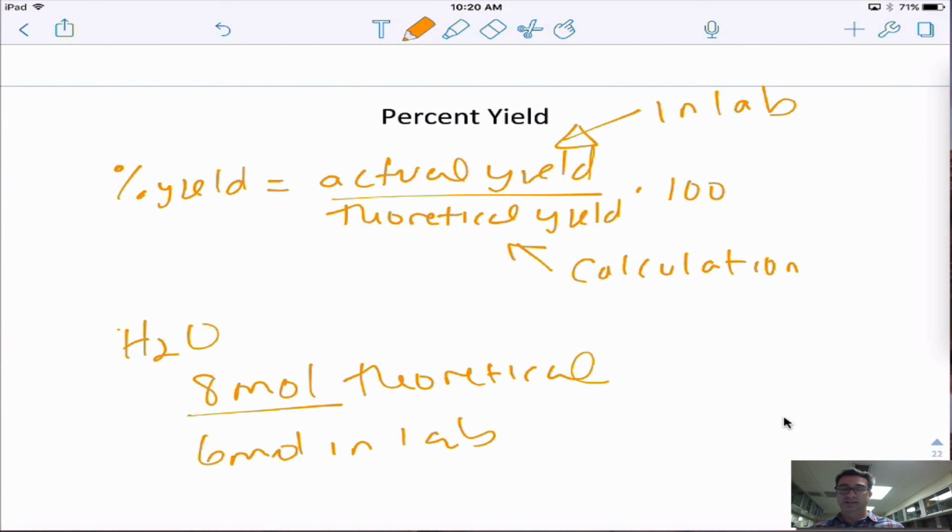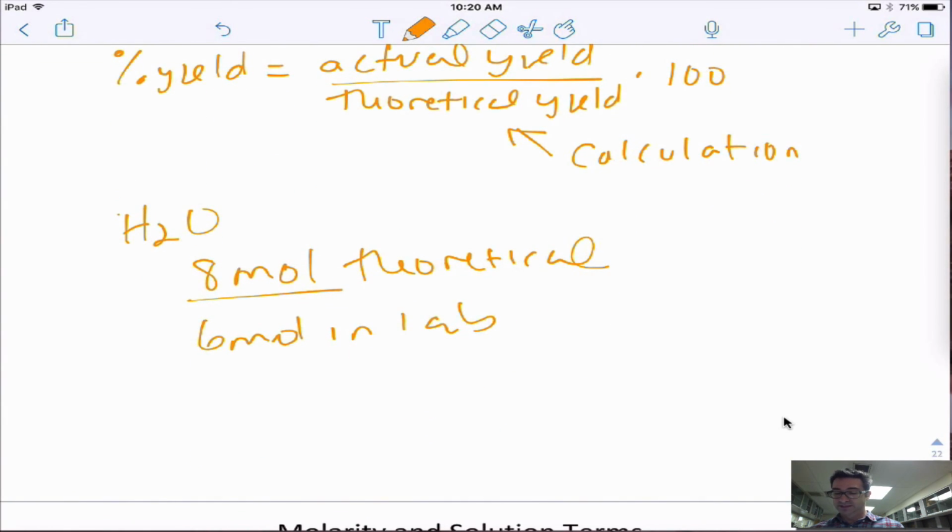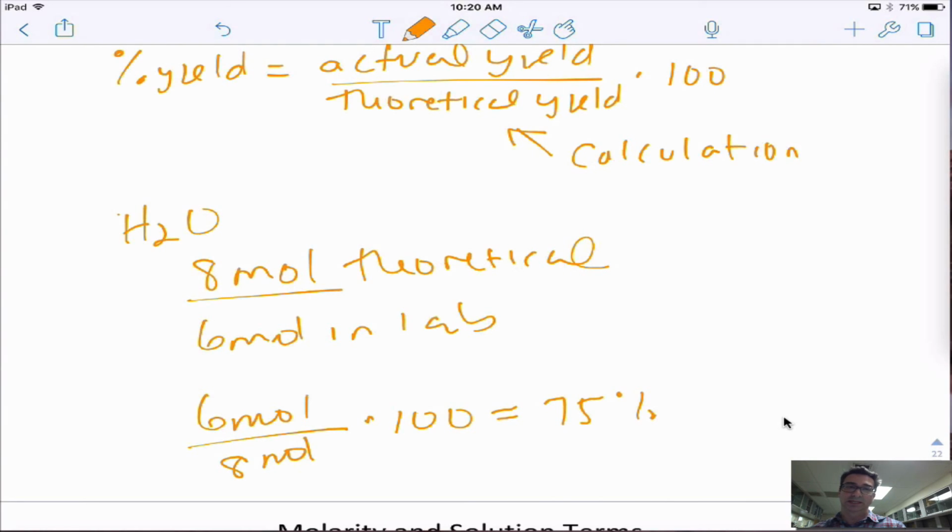So now we want to find the percent yield. Well, we have the 6 moles that we have in the lab over the 8 moles total times 100. That will give us 75%. And again, we'll practice more of these going forward, but this is the basis for these two ideas. Know these equations for percent yield, and we'll go from there.